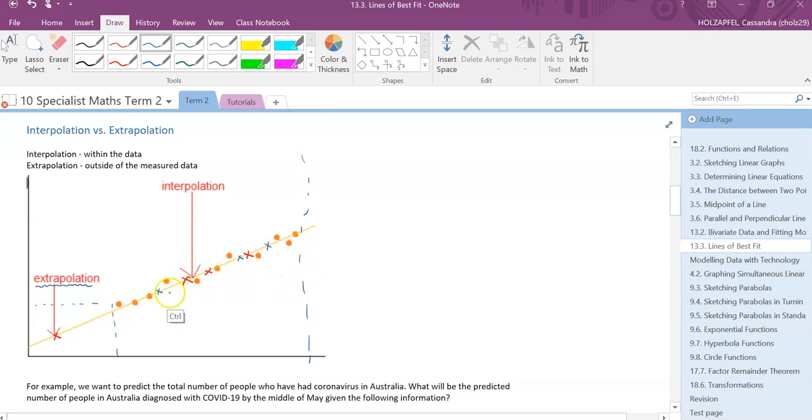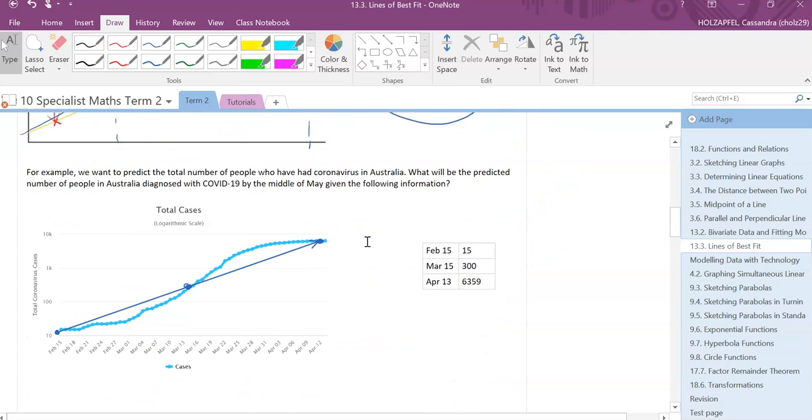Like, we have no idea what it's going to look like. We could also have something that looks more like a wave. So it could look like that. Okay. So when we interpolate that data, we are a lot more confident about what it looks like in that area. Whereas when we extrapolate, we actually have no idea what that could be looking like. So that's why it's really dangerous to extrapolate.